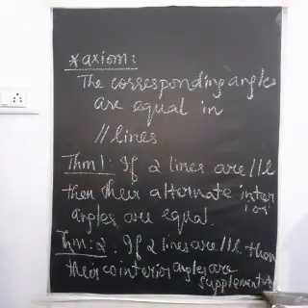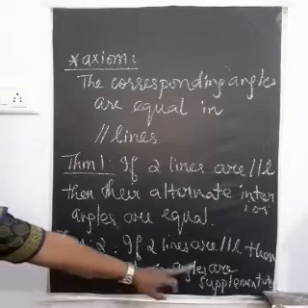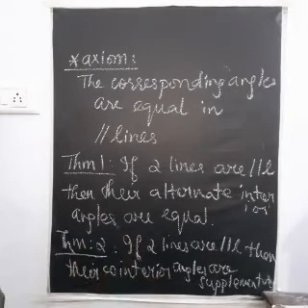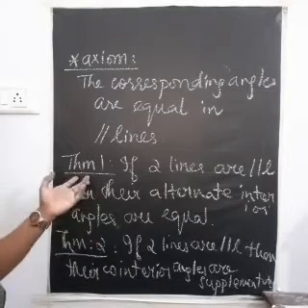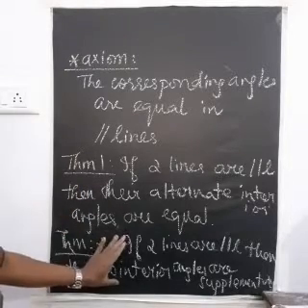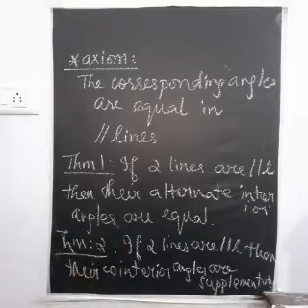The co-interior angles are supplementary. Similarly, if the co-interior angles are supplementary, then the lines are said to be parallel. So you must know the theorem and the converse of the theorem. The same way, this theorem and the converse of this theorem. I hope you have understood.